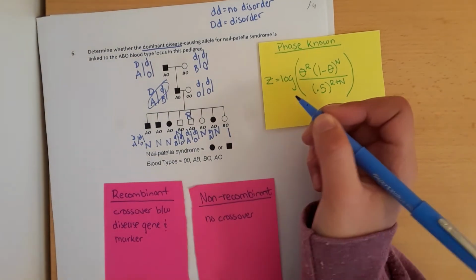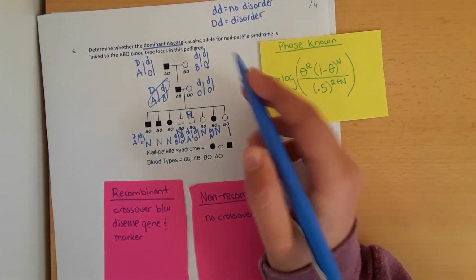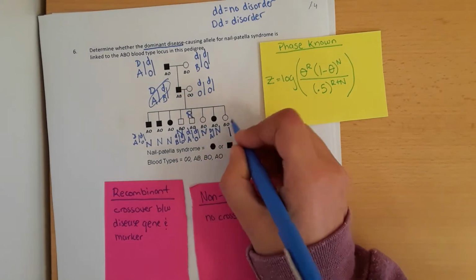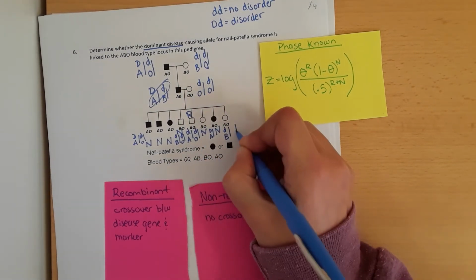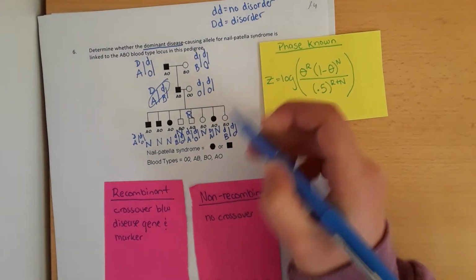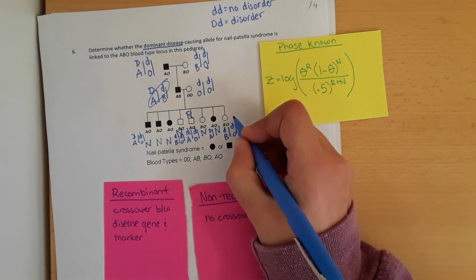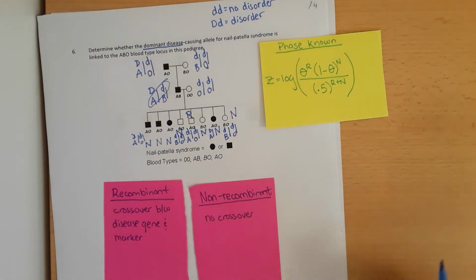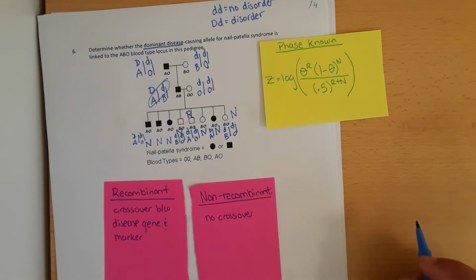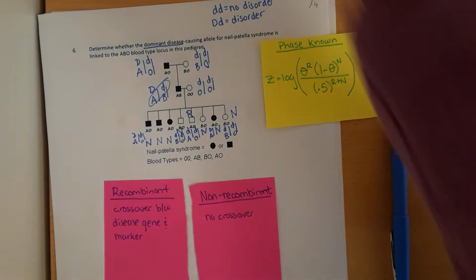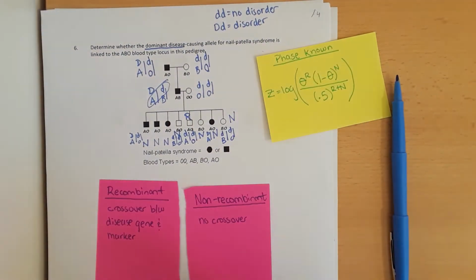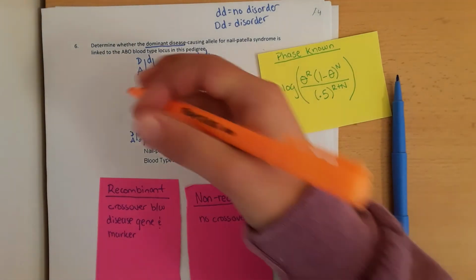And then we have a lowercase d and then the B marker, and then lowercase d and the O marker. No crossover took place, so this is non-recombinant. So now that we have everything, we can make it stand out so we can count them.